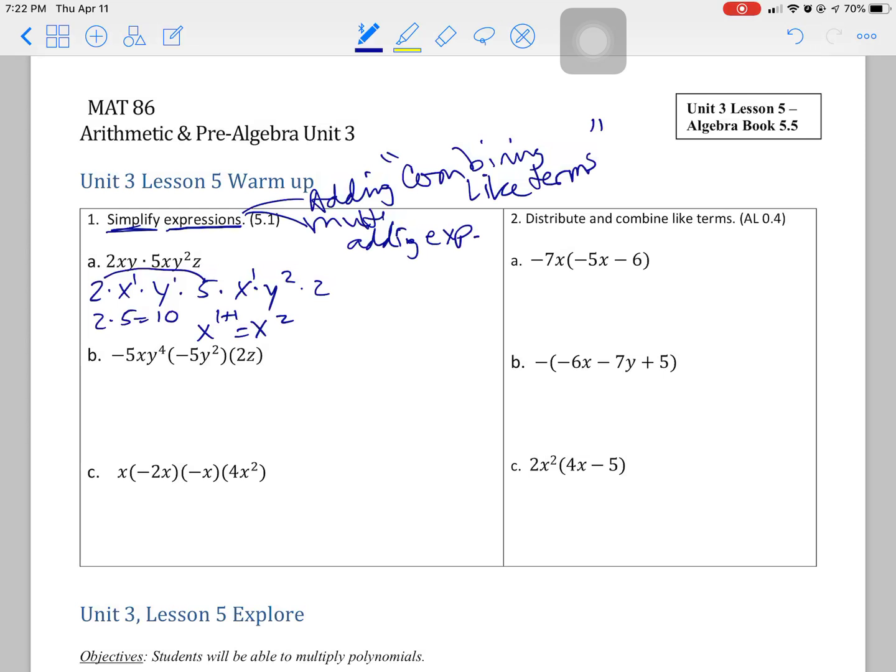And then I have 1y and 2 more y's, which is y to the third, and a z to the 1. So our final answer should be 10 x squared y cubed z.